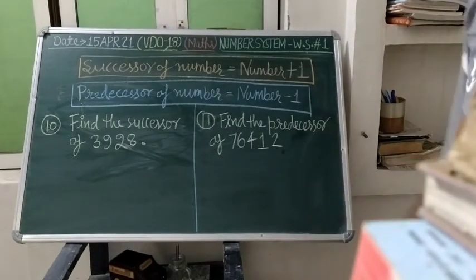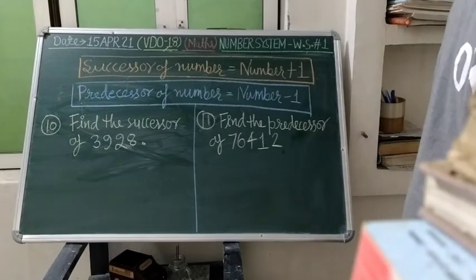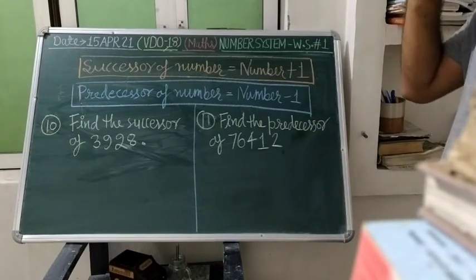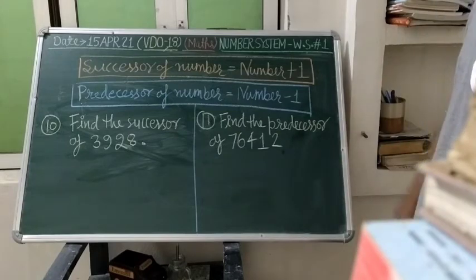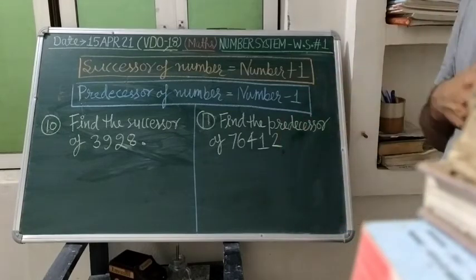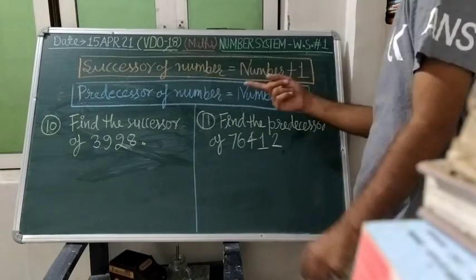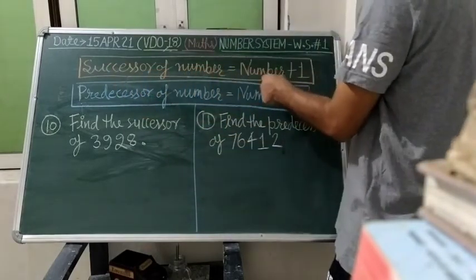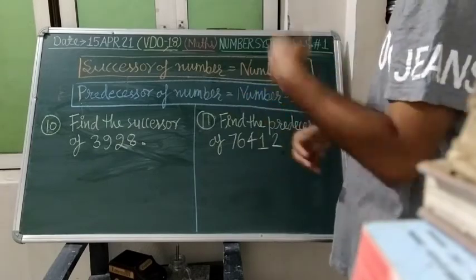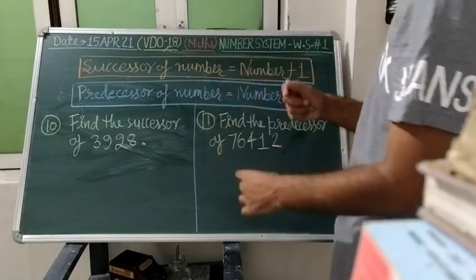Next, students, I want to tell you about the successor of a number and the predecessor of a number. As you see, I have written that the successor of a number is the number plus 1. Success means we are growing, so we add 1.